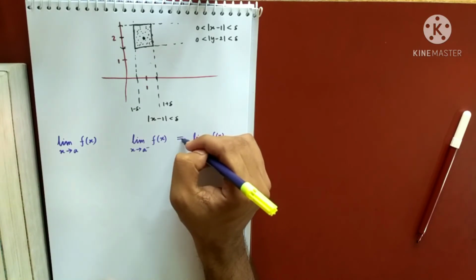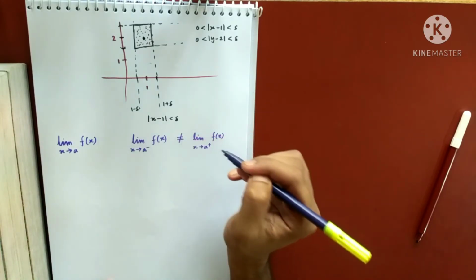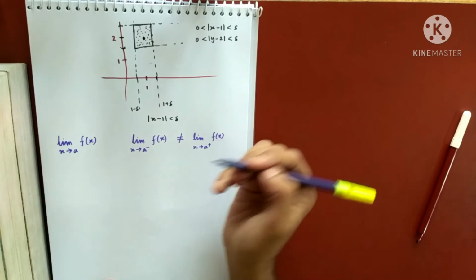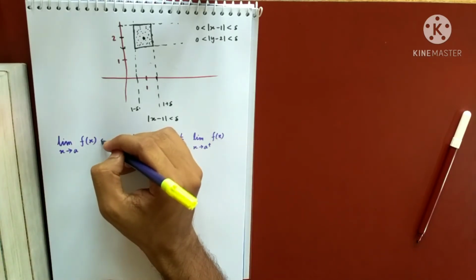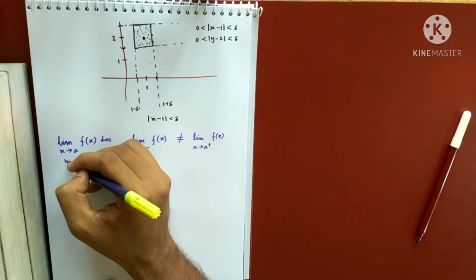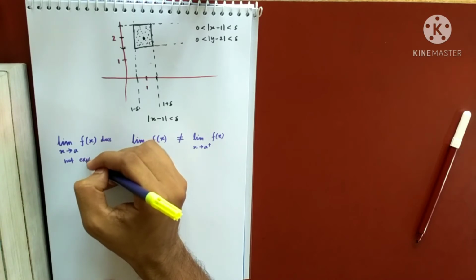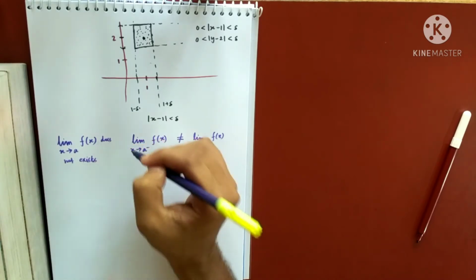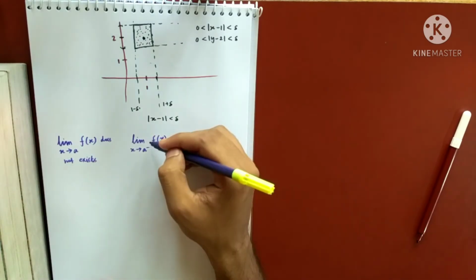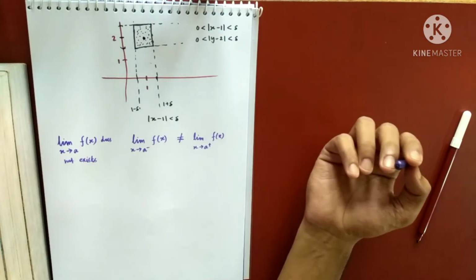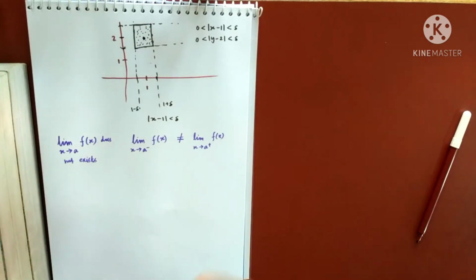If these two are not equal, we can clearly say that the limit does not exist. So whenever the left hand limit and the right hand limit were not the same, we were simply claiming that this limit cannot exist.